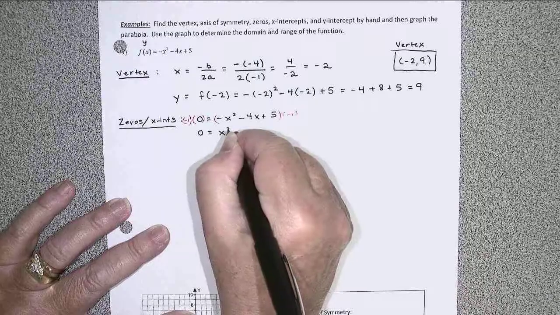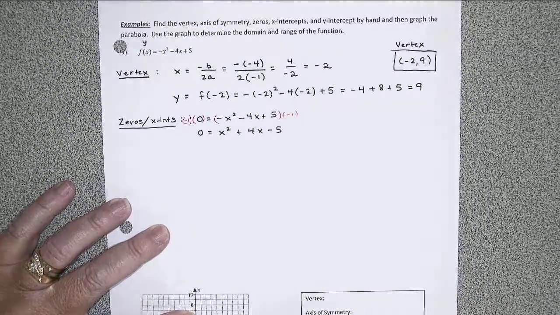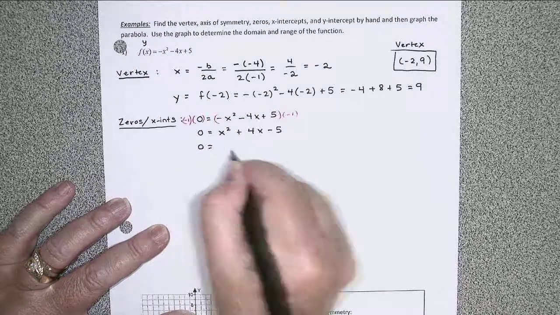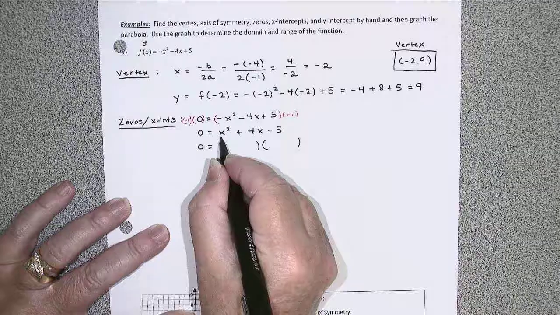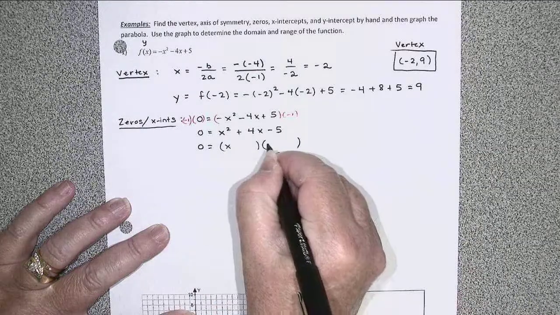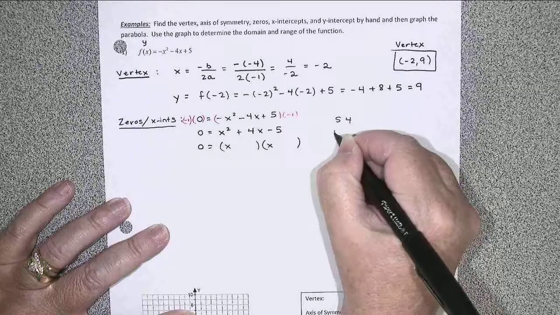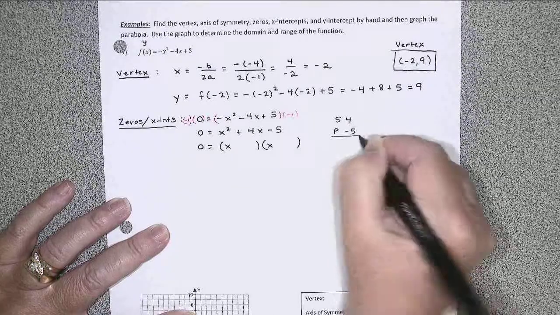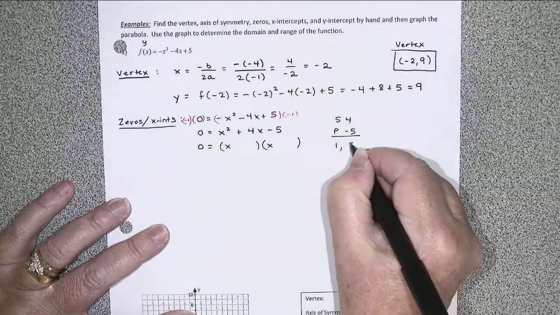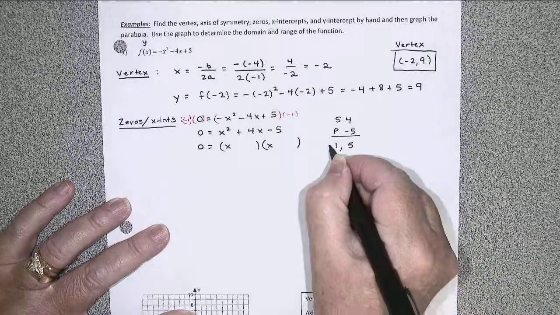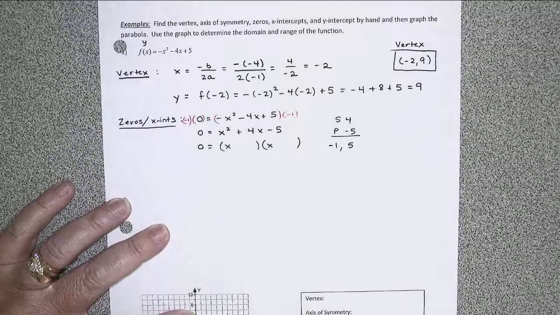So 0 would equal x squared plus 4x minus 5. And I think this one is going to factor. Since I just have 1x squared now, I know that's x times x. And I'm looking for a sum of 4 and a product of negative 5. I think 1 and 5 will do that. If I make the 1 negative, I get the correct product, and they add up to 4.